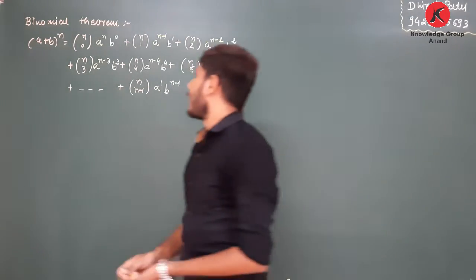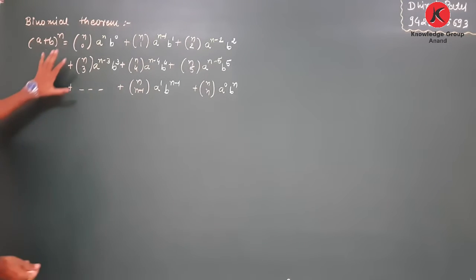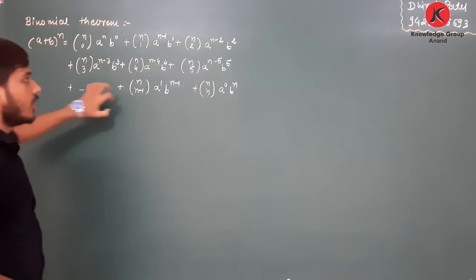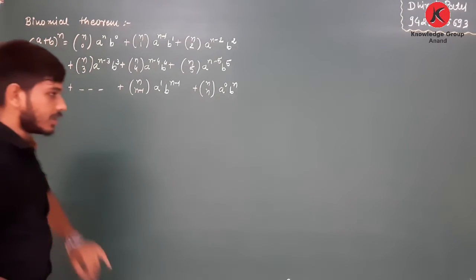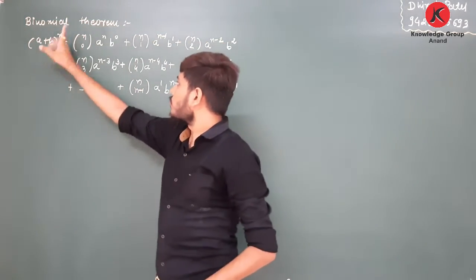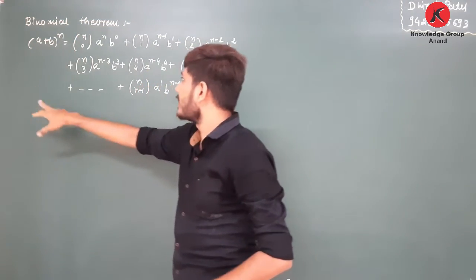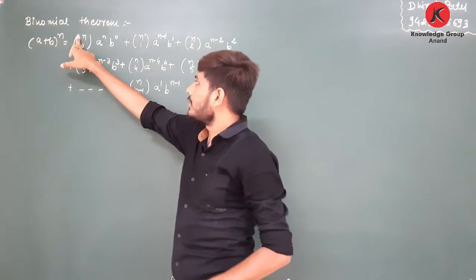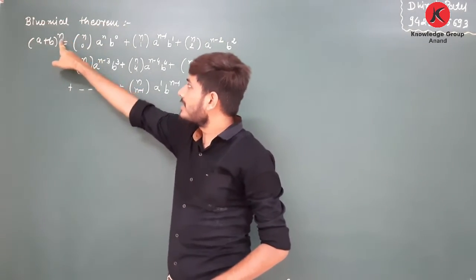So we can expand a plus b whole raised to n by use of this formula. This is the formula for calculating a plus b raised to any index. If a plus b raised to 5 is there, then we can calculate it with n equal to 5.